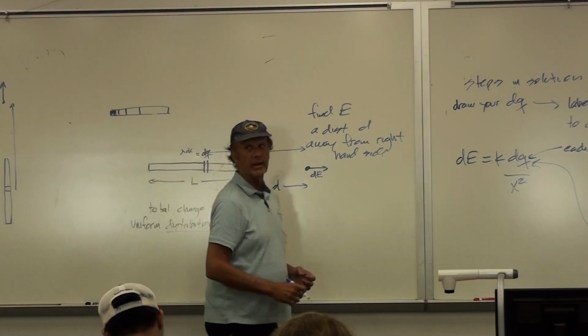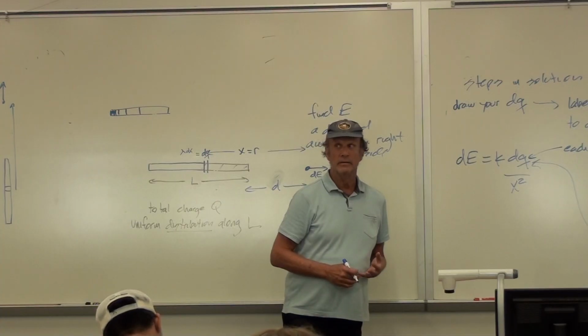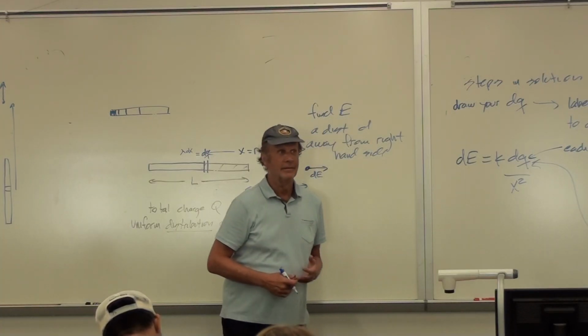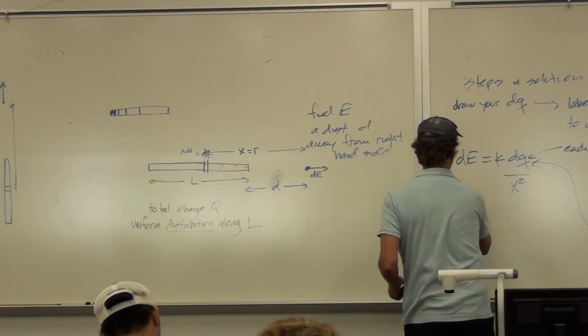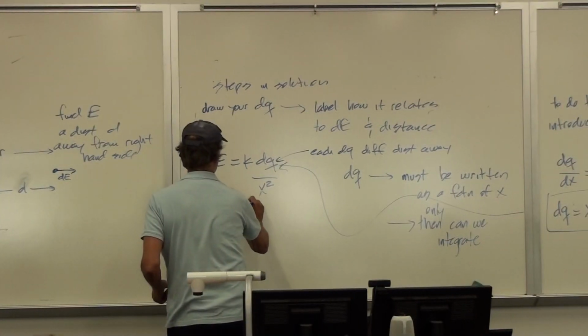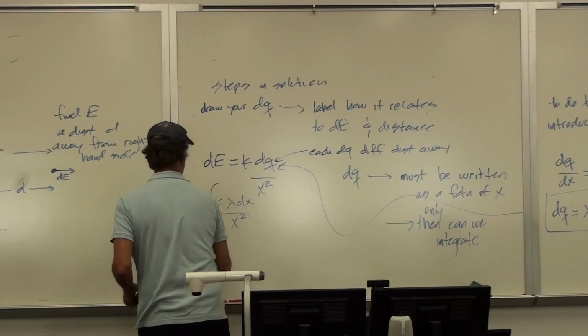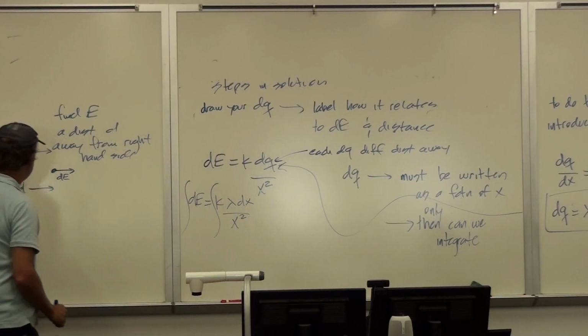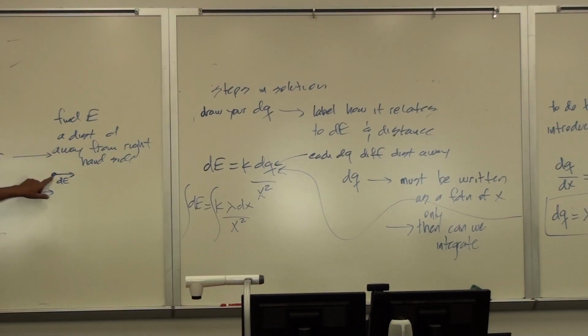Are there any questions about that so far? Everybody good with that? Really? Okay. So let's do that. dE then is equal to k lambda dx over x squared. Now our limits of integration are not going to be 0 to x, because that would mean that the edge of the rod is right here at the point where we're calculating the electric field.